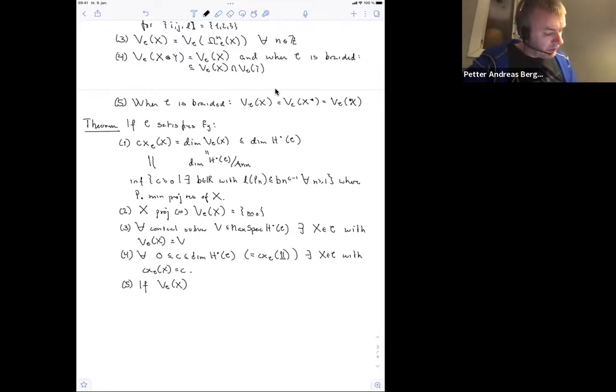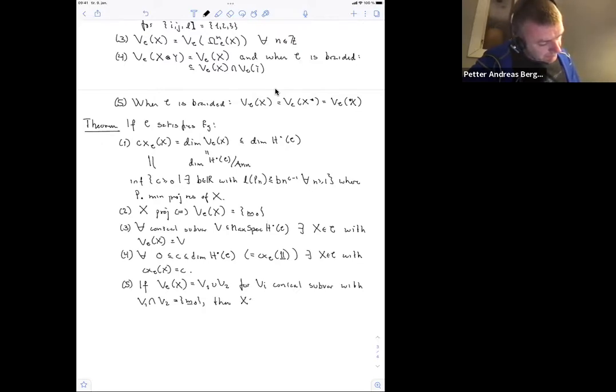So meaning that if the support variety can be written as the union of two subvarieties V1 and V2 with trivial intersection, then X decomposes as a direct sum, where the variety of X1 is V1 and the same for X2.